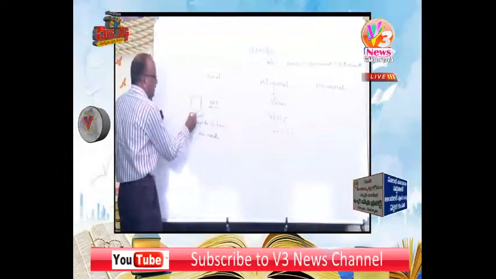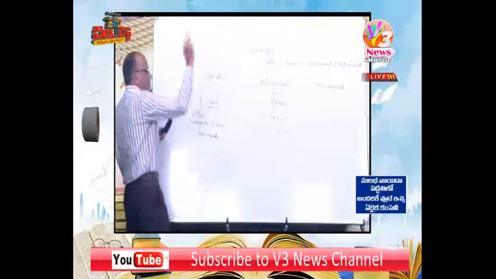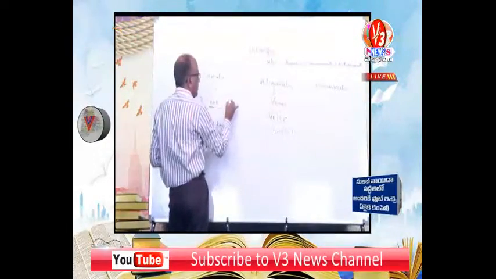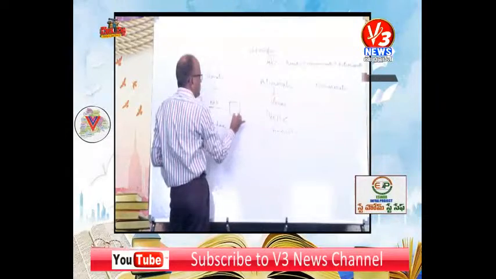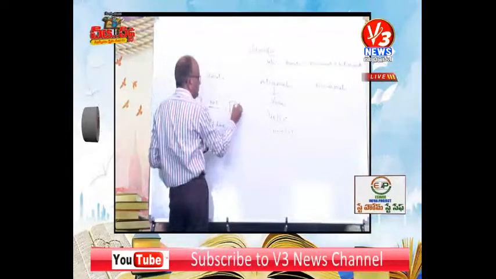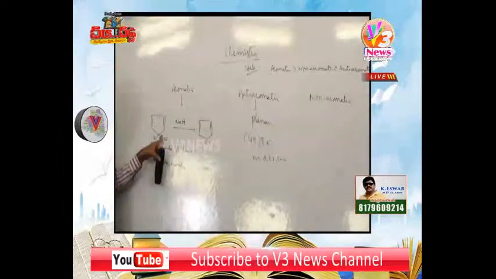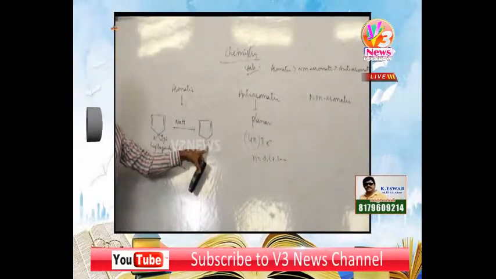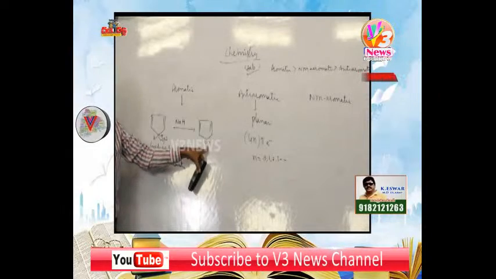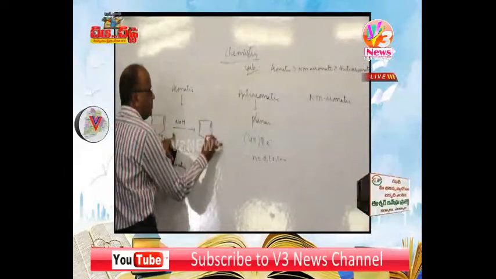Here how many hydrogens are there? 2 hydrogens. Let one hydrogen come out as H plus. A compound which gives out H plus is acidic in nature. So when this hydrogen is coming out as H plus, then what is the charge over this carbon? Negative charge. Let this be Na plus here.